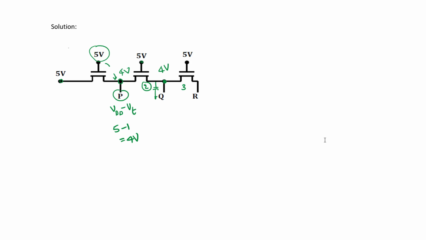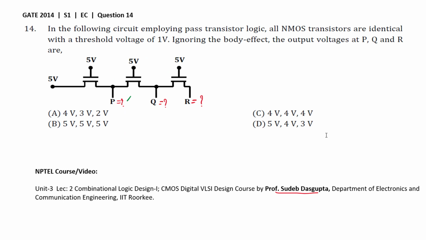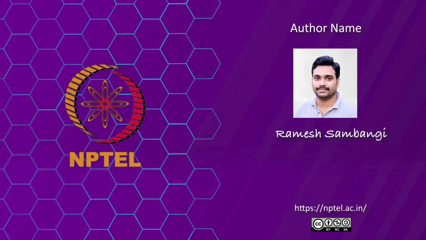Similarly, transistor 3 is also on because a positive voltage is applied at its gate terminal, so this output capacitance will be charged to 4 volts. That means the voltage at node R is also 4 volts. So P is 4 volts, Q is 4 volts and R is 4 volts. So option C is the right choice.